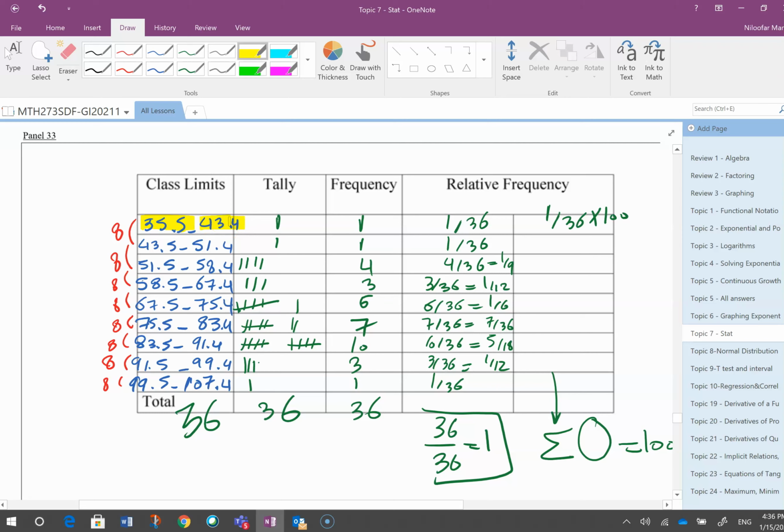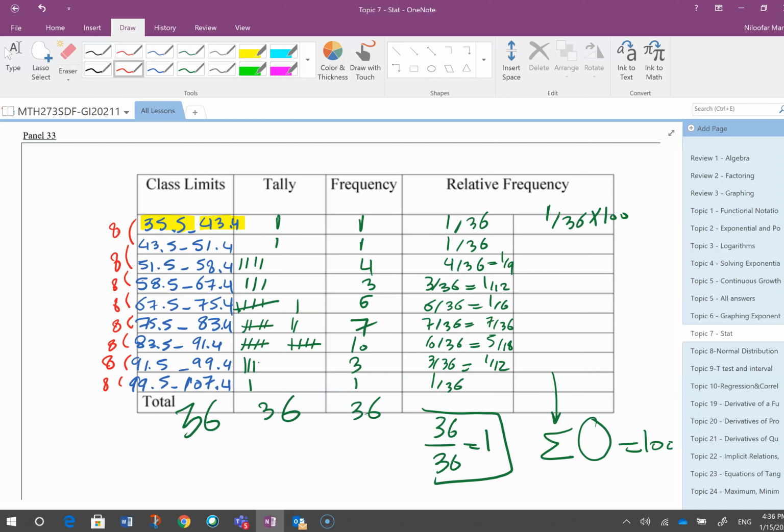Because the next one can start from 43.5. Each difference is 8, so you go 8 by 8: 35.5, 43.5, 51.5.